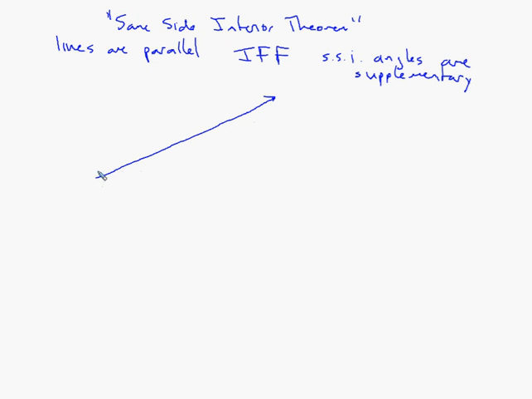So here's a picture of that. I'm sorry, what was the abbreviation beside angles mean? Same side interior. Same side interior. Lines are parallel if and only if the same side interior angles are supplementary.